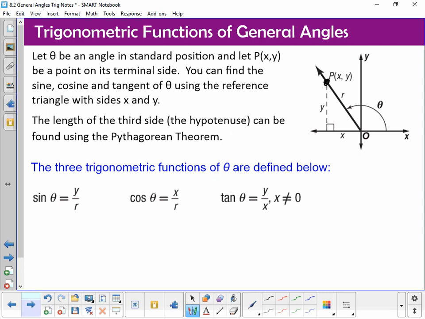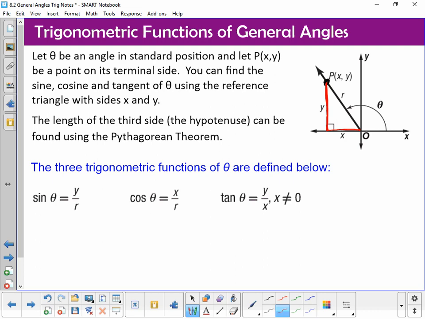You can find the sine, cosine, and tangent of theta by using this reference triangle using x and y. So we go back x and up y in this case, or you could go in another direction depending on your signs. So the terminal side and your x coordinate and your y coordinate build this little right triangle.